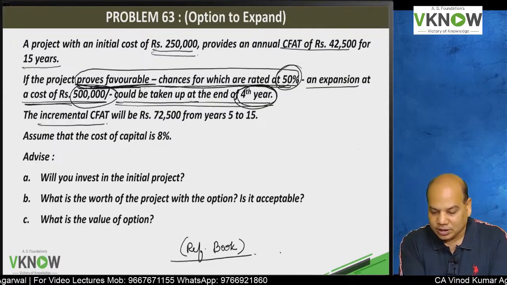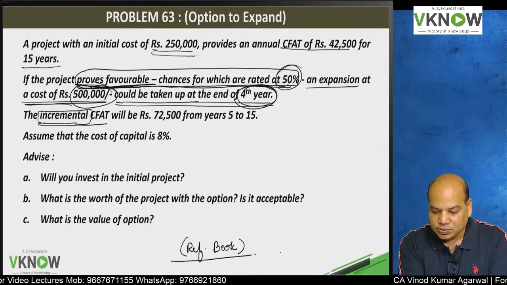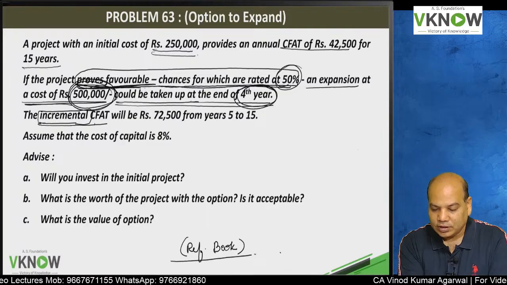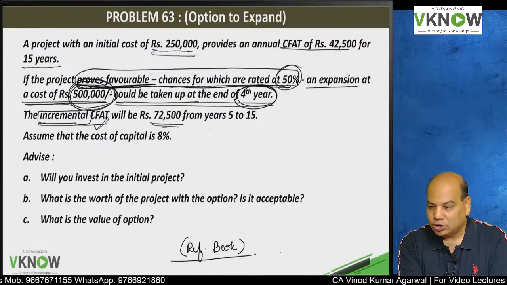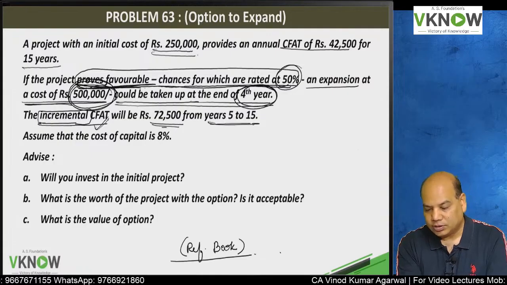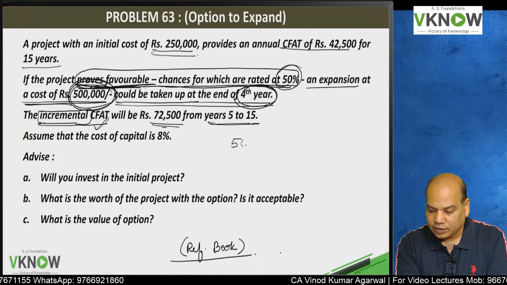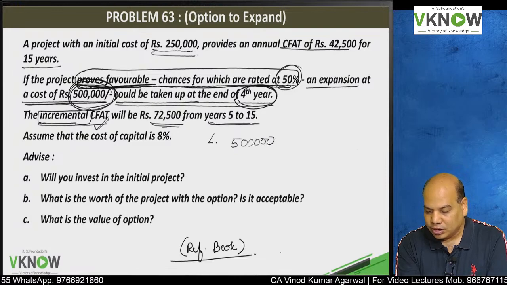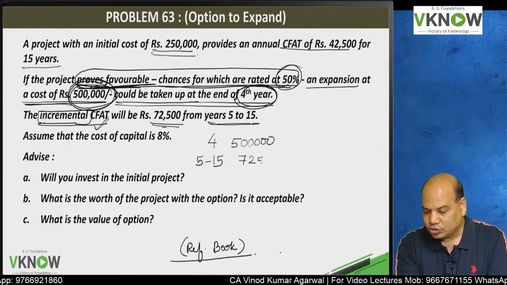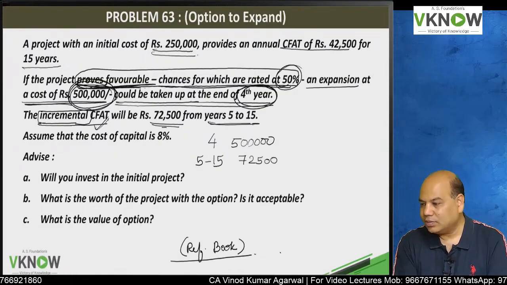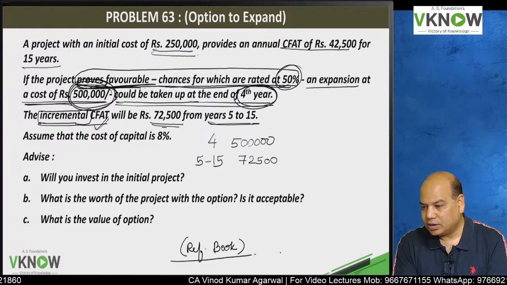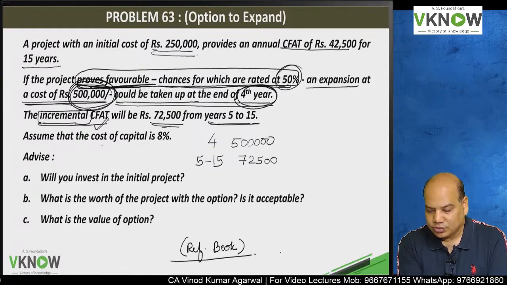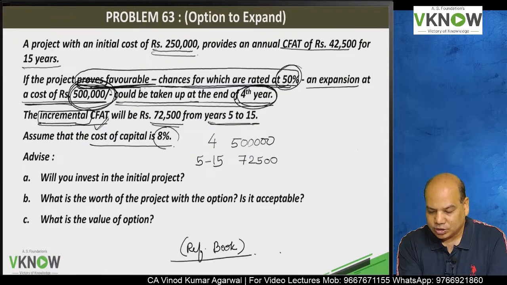And what is incremental CFAT? Underline the word incremental. Incremental means because of this 5 lakh investment, your cash flow will increase by 70,500 from year 5 to 15. So 5 lakh you will incur in year 4, and from 5 to 15 you will enjoy an incremental cash flow of 70,500. Cost of capital is 8%, that is for discounting.